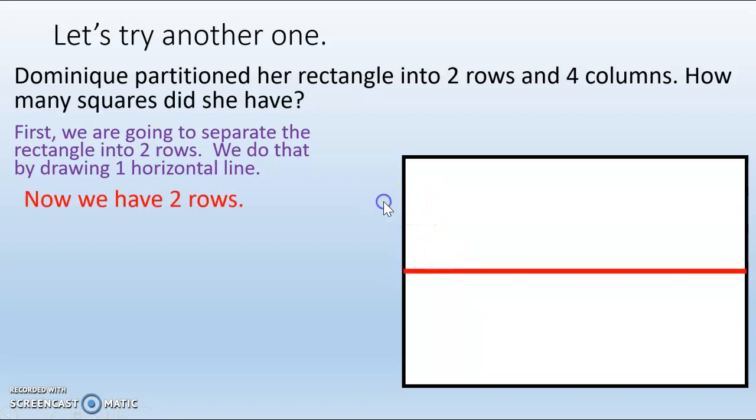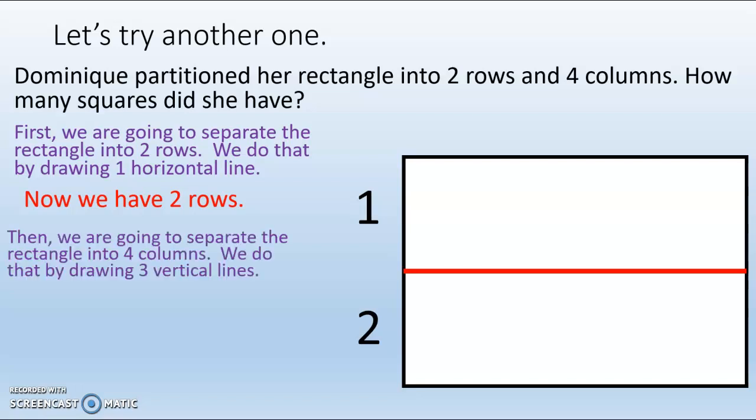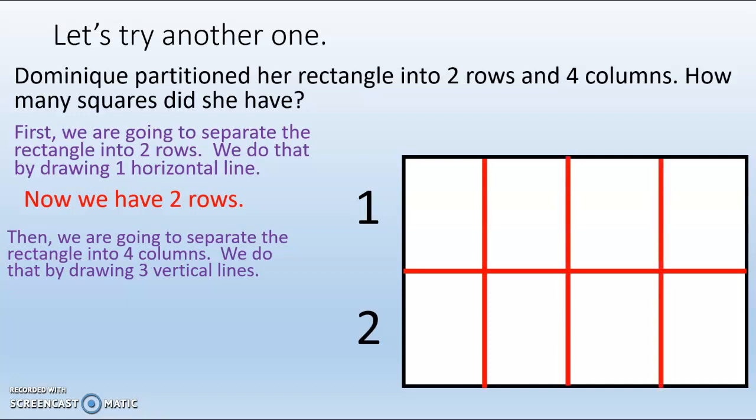So now we have 2 rows, 1 and 2. And we have 4 columns. So we're going to separate into 3 vertical lines, 1, 2, 3. So we have 4 columns, 1, 2, 3, 4.